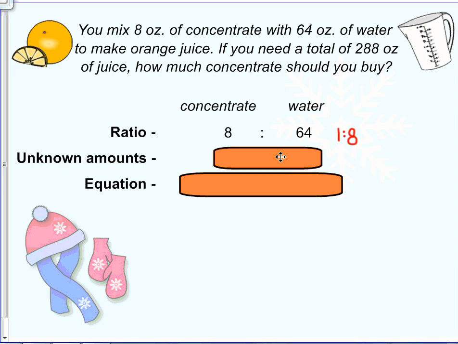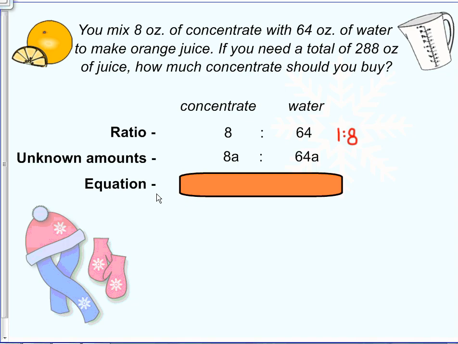Okay. We have some unknown amounts. We know that we need a total of 288 ounces of juice, but we need to figure out how much water and how much concentrate we need. So for that 8 ounces and for that 64 ounces, we have an unknown amount.